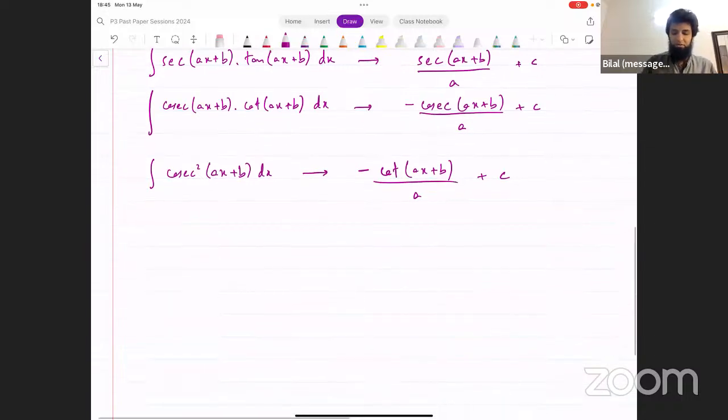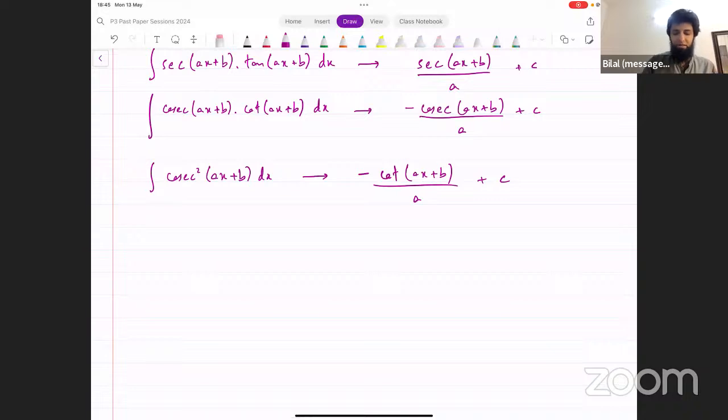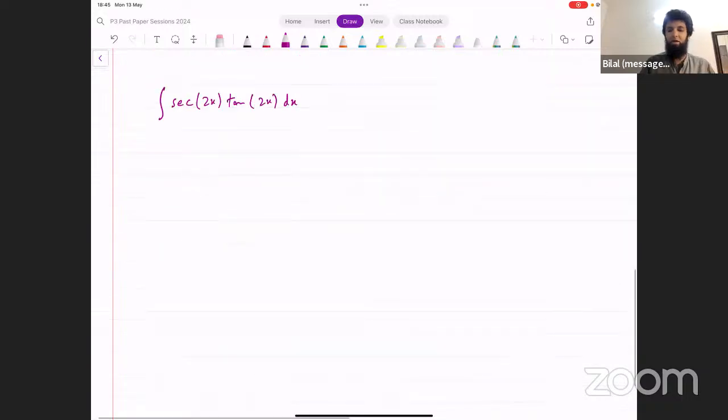For instance, if you want to integrate something like this, secant x into tan of 2x, I think this is exactly what has come in a recent paper. You don't have to jump to integration by parts, thinking that it's a product, because that is not going to work. It's going to complicate things a lot.